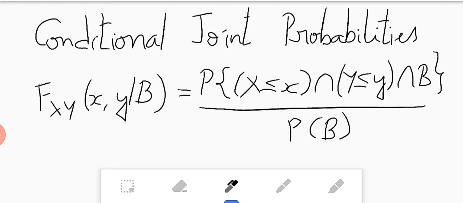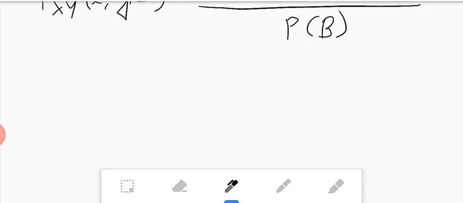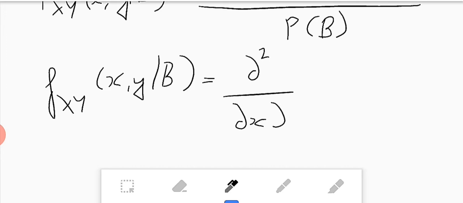Yes, we will look into how the PDF will come out. Your PDF will look something like this: x comma y with conditioning. You have to take the partial derivative with respect to x and y.